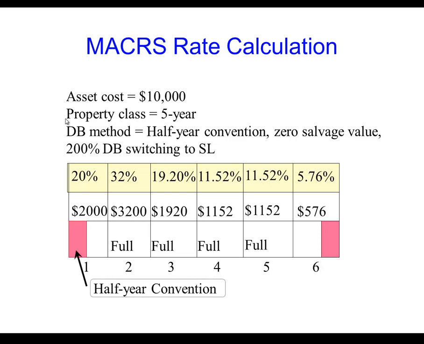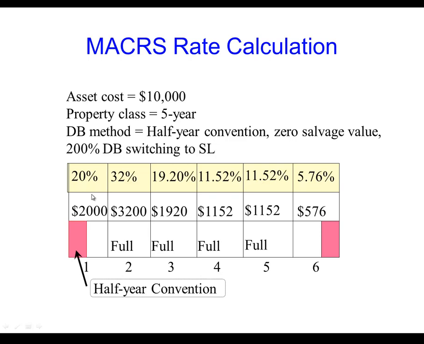So half of that is 20%. If we look at the table here, we can determine the different rates, and the calculation for this method with zero salvage will be shown in this table here.